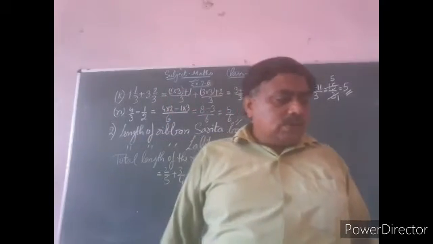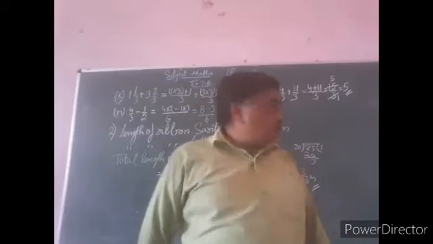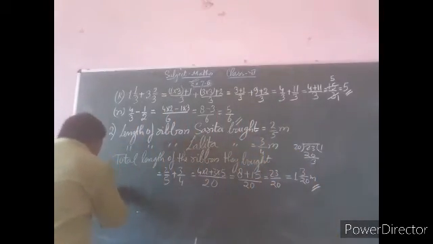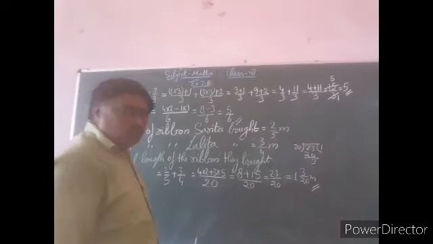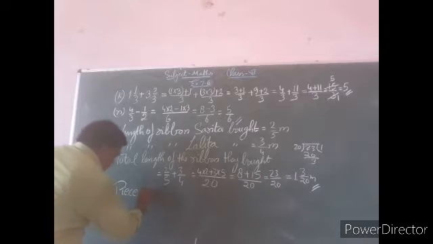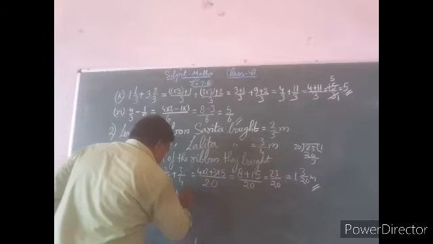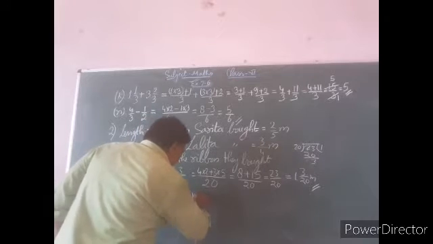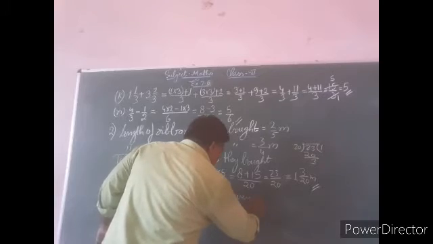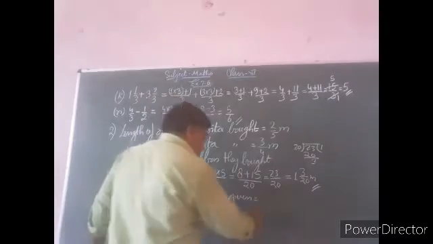So, question number 3. The piece of cake Naina was given is equal to 1/2.